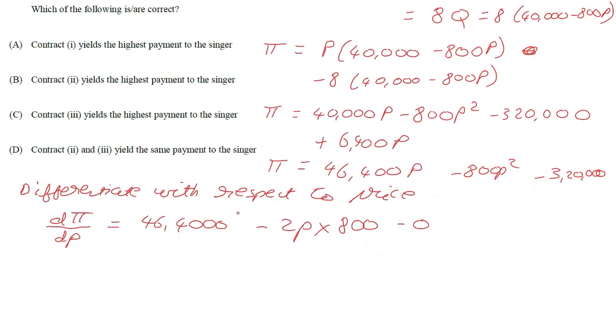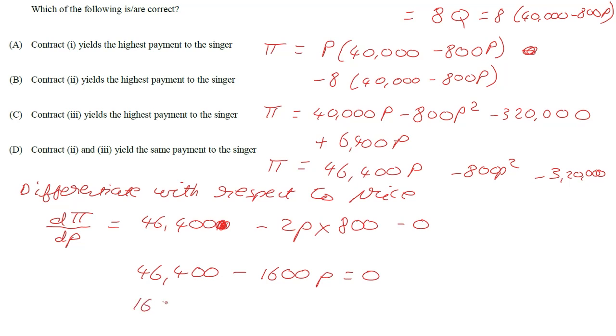We effectively have a 0 on the right hand side. So we get 46,400 minus 1600p is equal to 0.